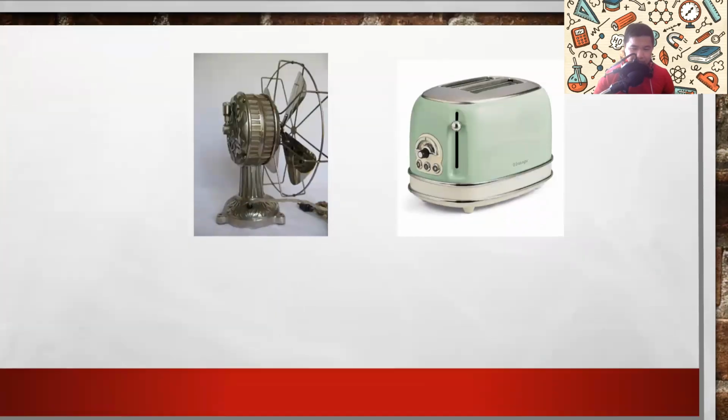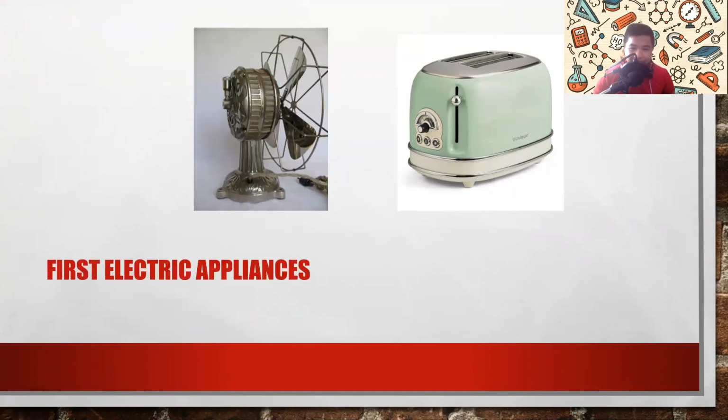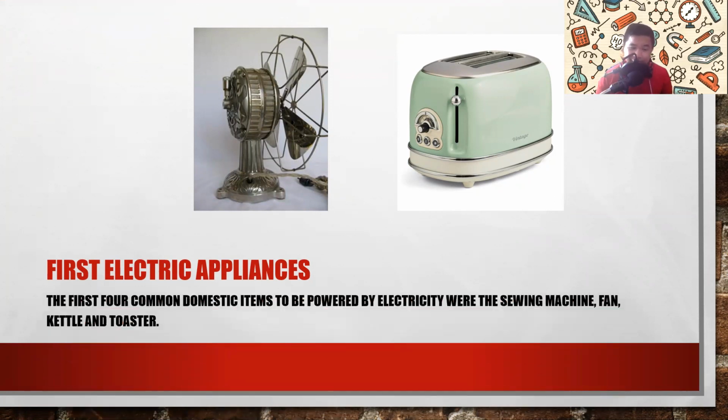Next, we have the first electrical appliances. Now that people before found out they can use electricity, they tried to make things that use electricity. And in this case, the first four common domestic items to be powered by electricity were the sewing machine, the fan, the kettle, and the toaster.